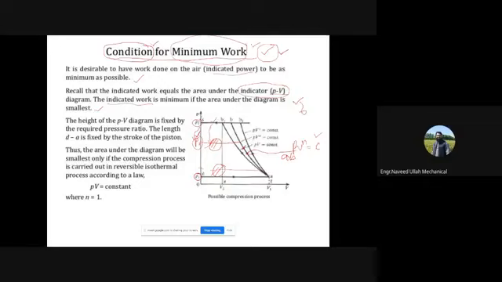This AB1 is the isothermal process, that is PV is equal to constant.